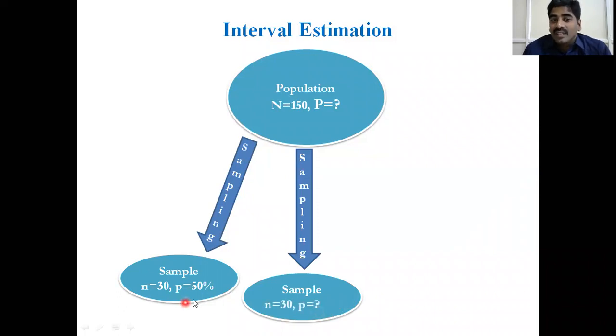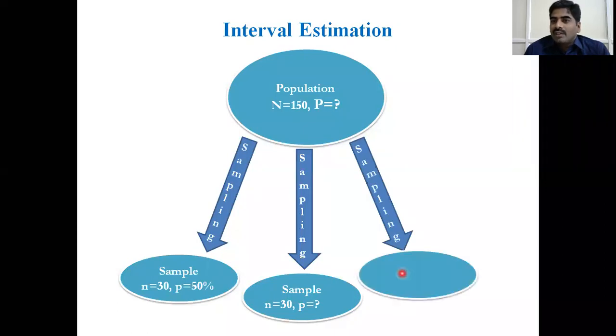It may be less than 50%, it may be more than 50%, or sometimes it may be 50% also. And if you take another 30 samples, will you get the same p-value? You cannot get the same 50% in all three cases, yes or no? So the prevalence of refractive errors varies from sample to sample.